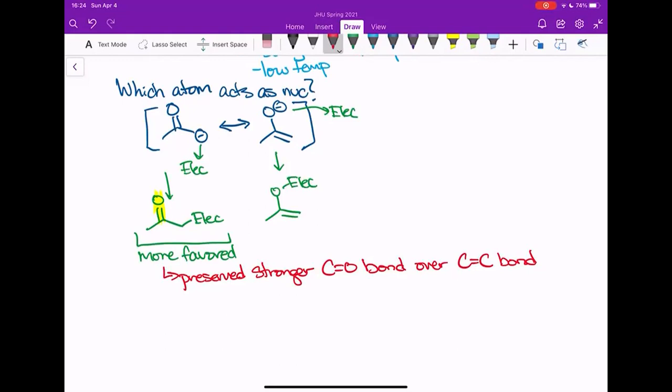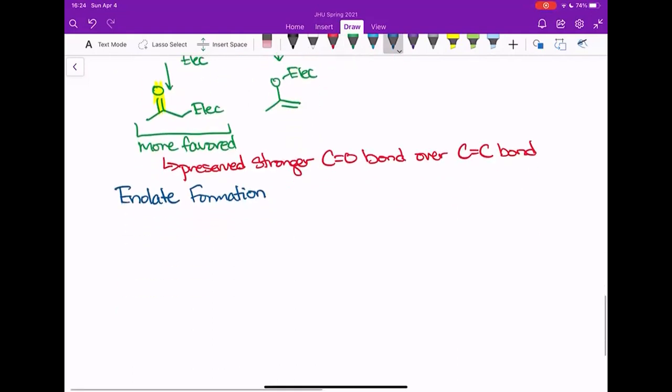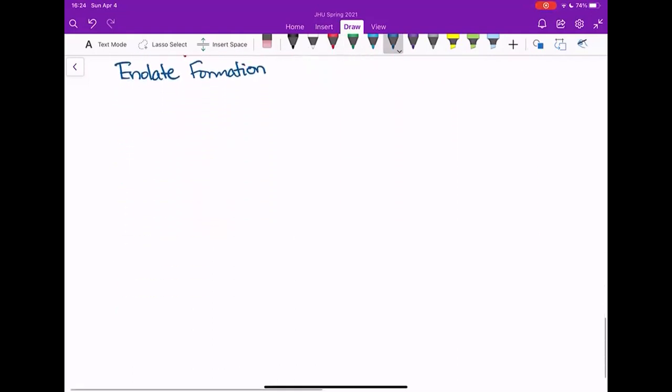All right. And then let's talk about how we form that enolate in the first place. So again, we have two options. We can either do it under acidic conditions, and these will be pretty similar to what we saw above at the alpha halogenation portion.